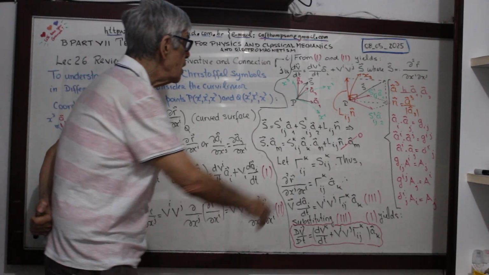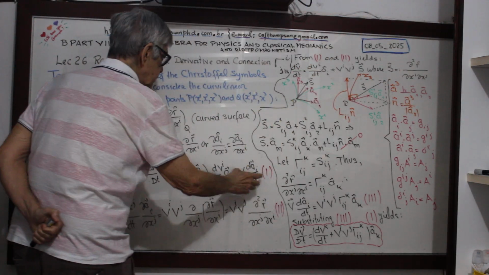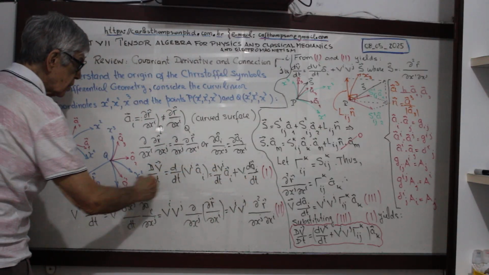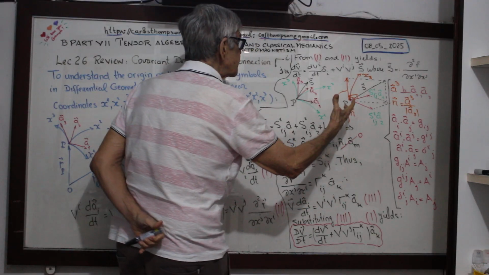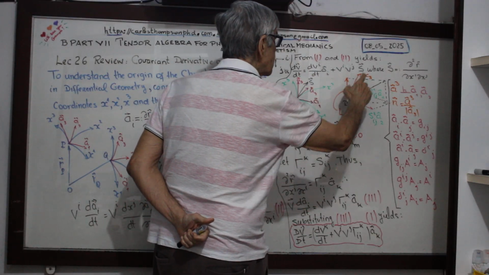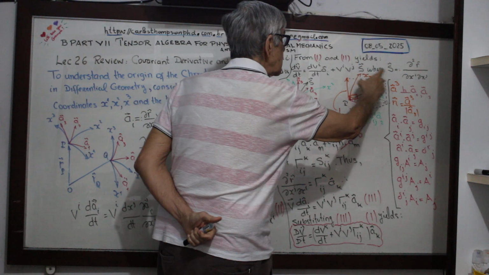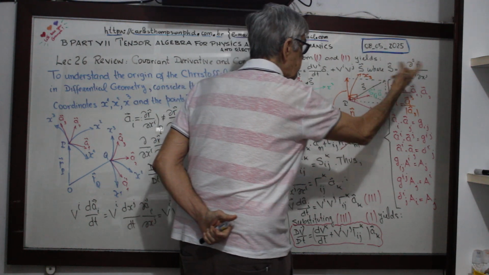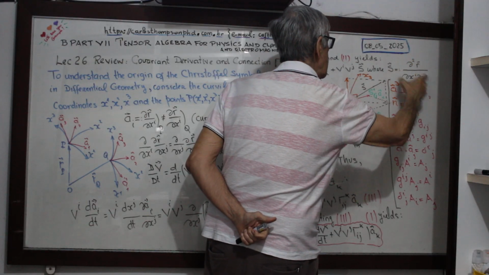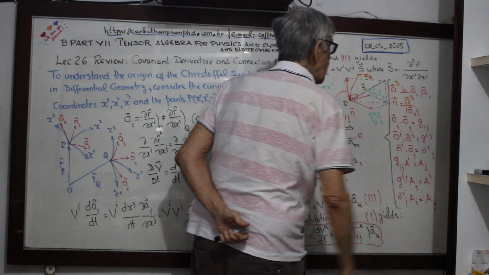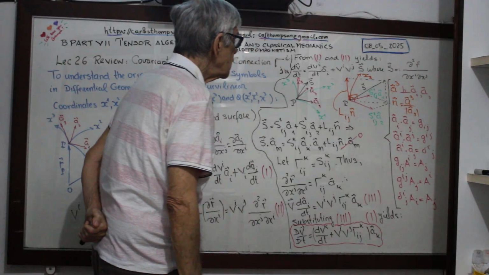Now, from 1 and 2, this is 1 over here, and this is 2. I just substitute. You see, I call capital S the vector which I define as the second derivative of r with respect to x^i, x^j.